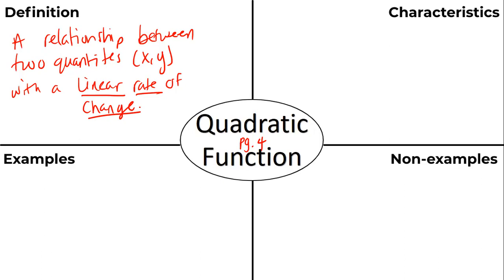All right. Characteristics. So let's talk about what linear rate of change would look like. If we have a linear rate of change, that means that my change is my x times something plus something.